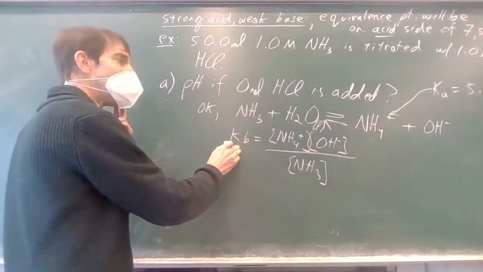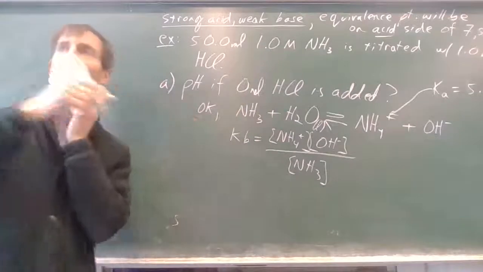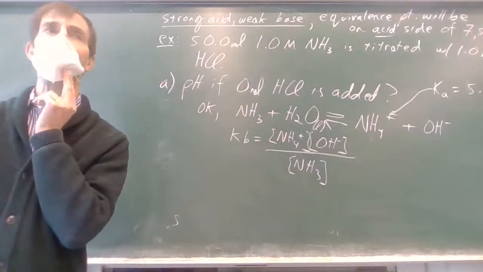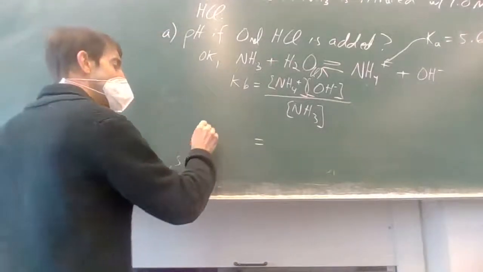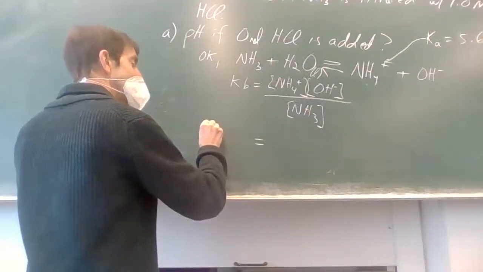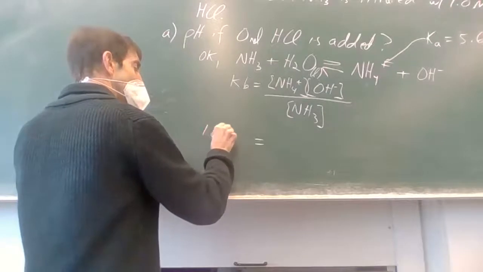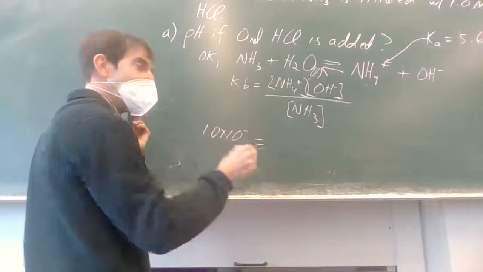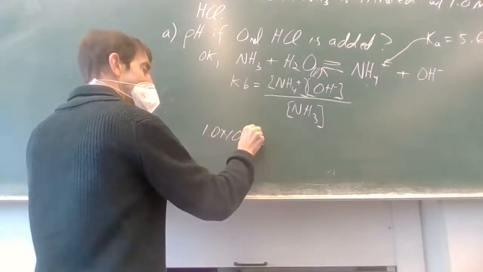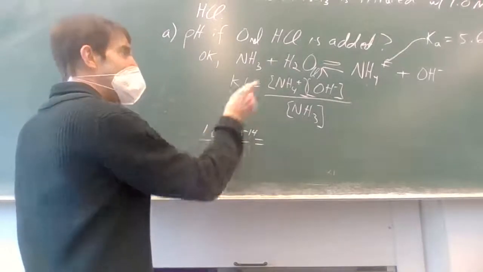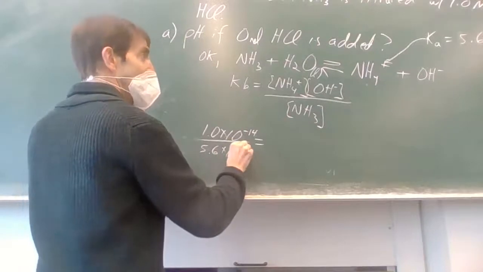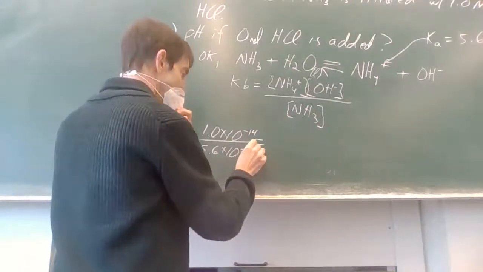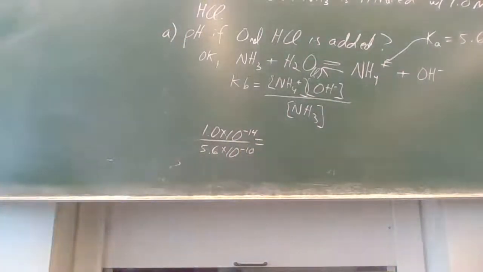So we said KB is the KA, but with the KW, how will I do that? Chelsea? You could just do the KW divided by the KA. So 1.0 times 10 to the negative 14 divided by the KA, which we just got in the problem. I could do that separately if it bothers you, but that's another name for the KB.